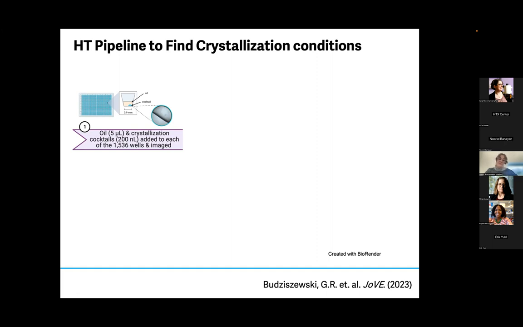So for example, some of the things that we've seen in the past are salt crystals in the cocktails. We've also seen debris, like maybe some dust in the cocktails. And every now and then, despite our best efforts, we do end up with empty wells due to a missed delivery by our robots. Although this is something that we're always looking to improve going forward.